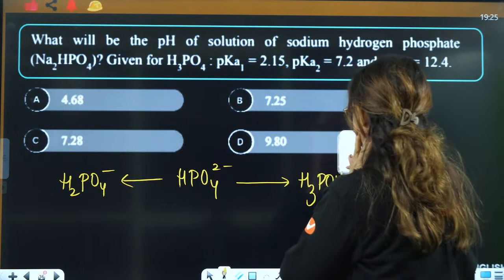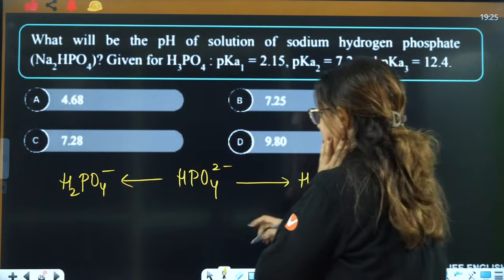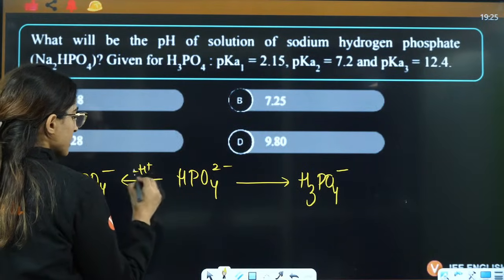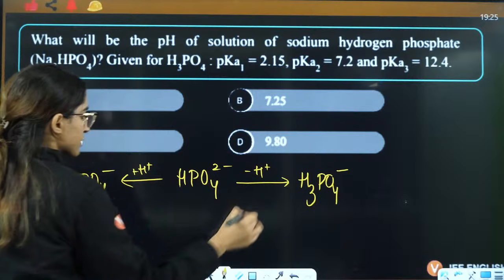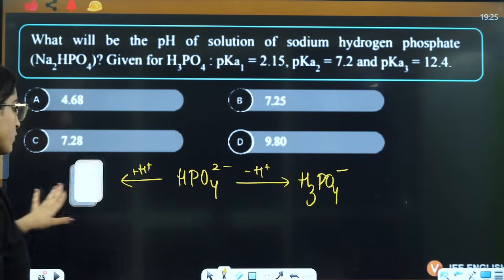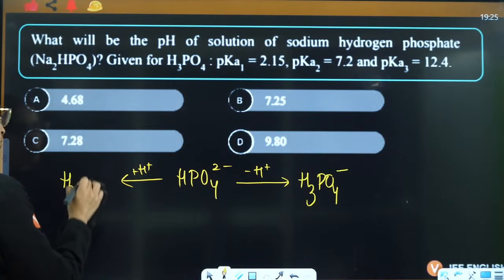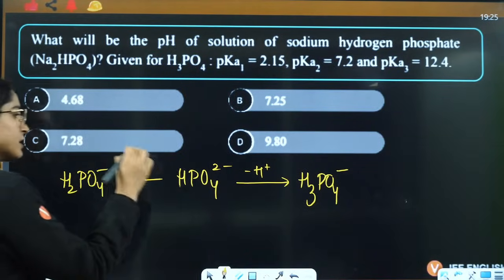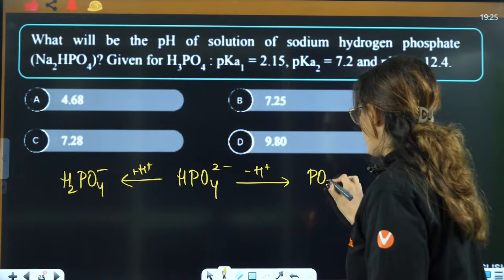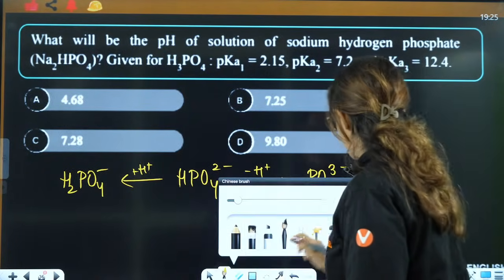Here, if it accepts H positive, in that case, it is going to become H2PO4 negative. If it loses H positive, it will become PO4 3 negative. Okay?